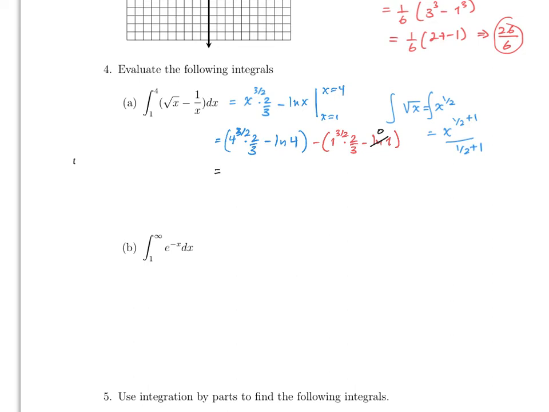All right, then 4 to the 3 halves, so you can use a calculator. This is the same thing as 4 to the 1 half cubed, which is 2 cubed, which is just 8. So this will be 8 times 2 thirds minus ln 4, and then minus 2 thirds. And then you can just use a calculator and complete that.